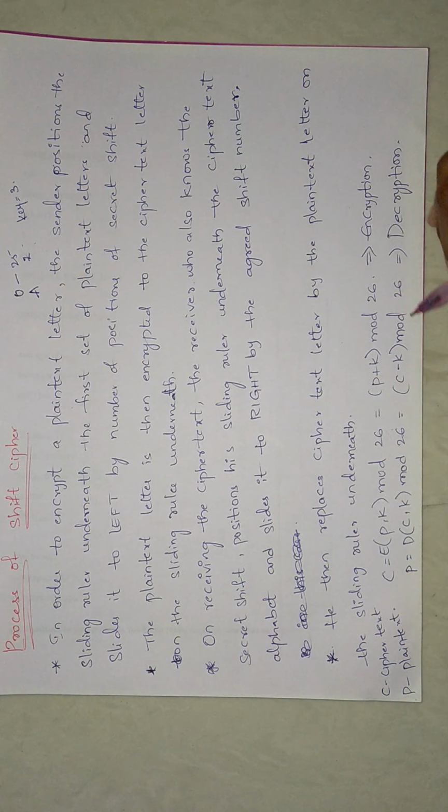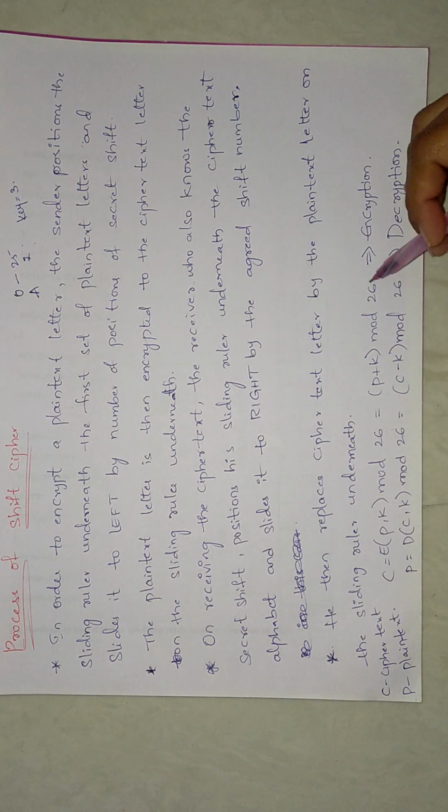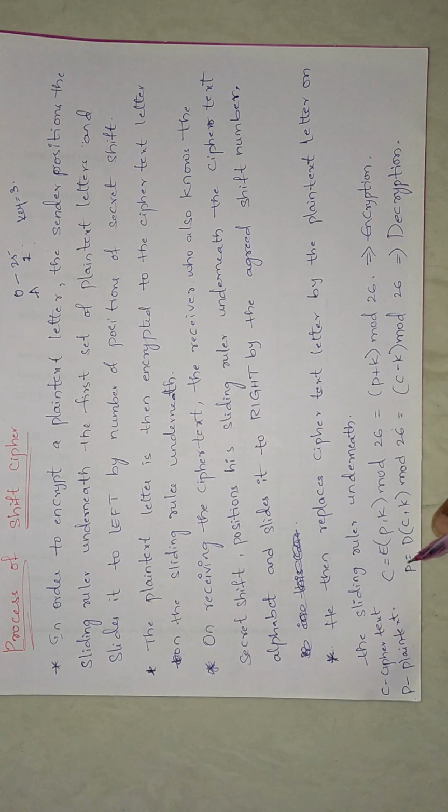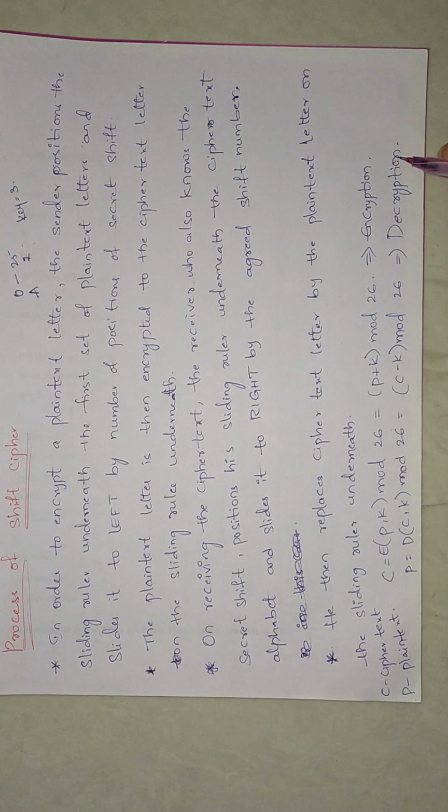There might be letters like Y in the plain text also, so we have used mod 26 just to make sure that the numbers will not go negative. C stands for ciphertext, P stands for plain text, E for encryption, D for decryption, and K is for the key value.